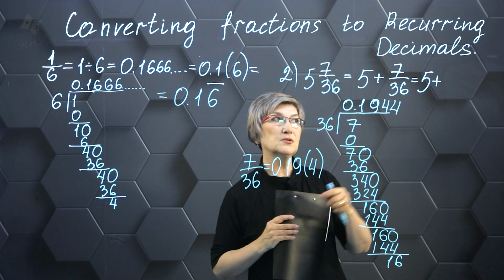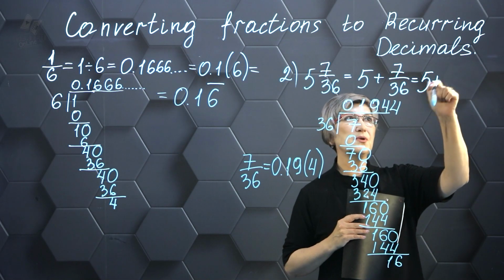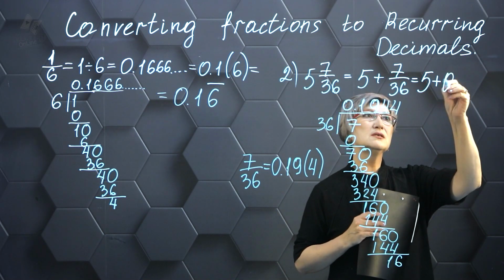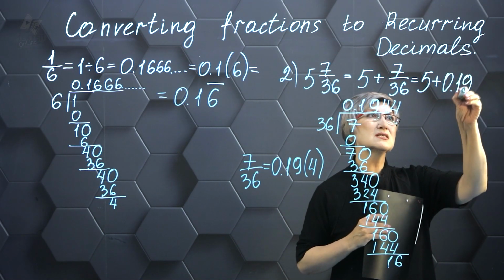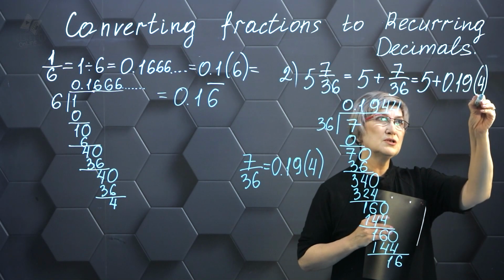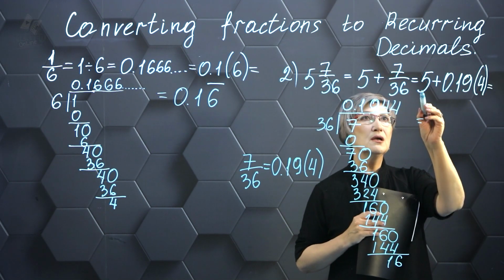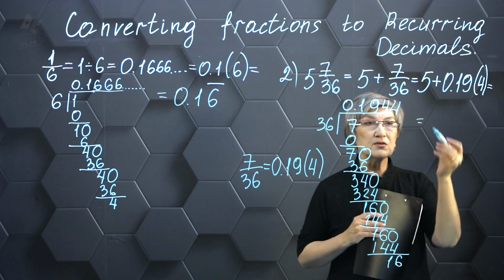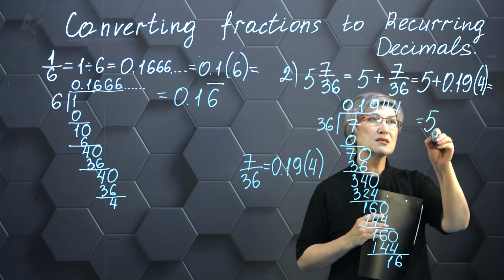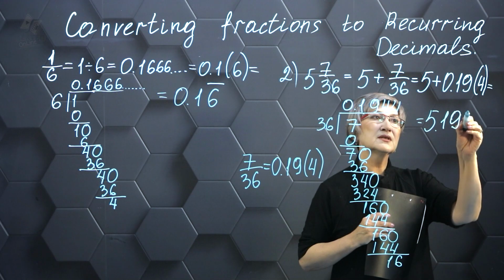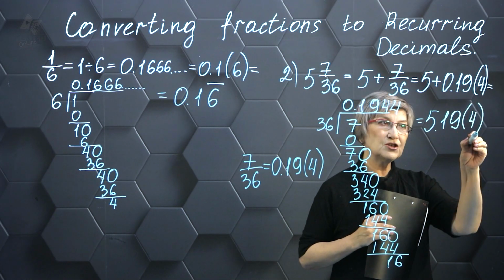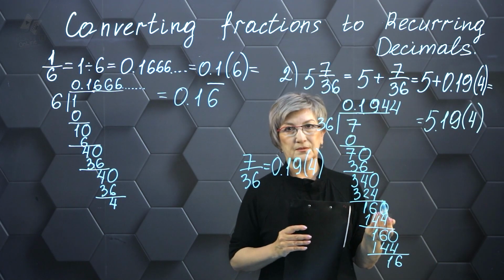And then the result for our example is 5 plus 0 decimal point 19 and 4 in the period. To 5 wholes we can add 0 wholes, so I write 5 wholes, 19 hundredths and 4 thousandths in the period.